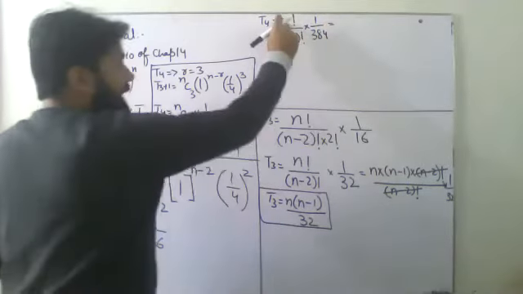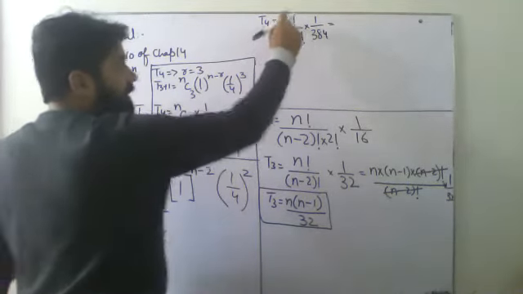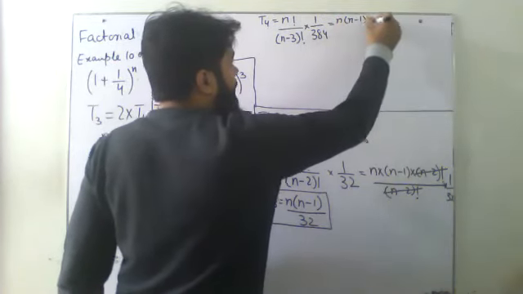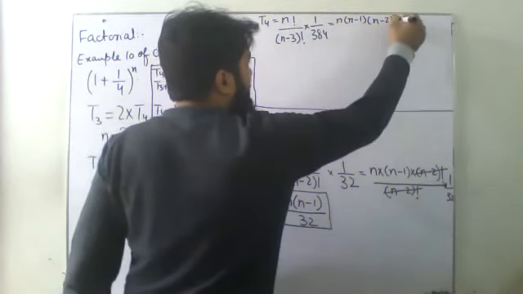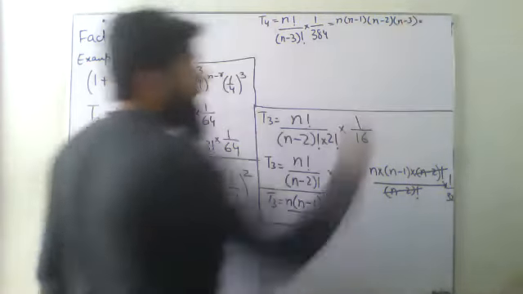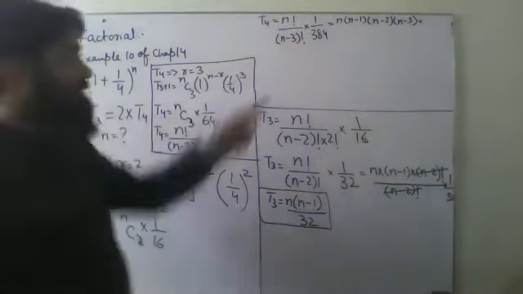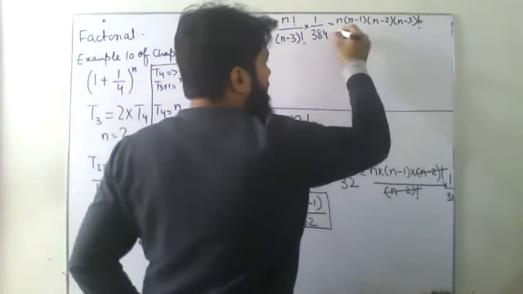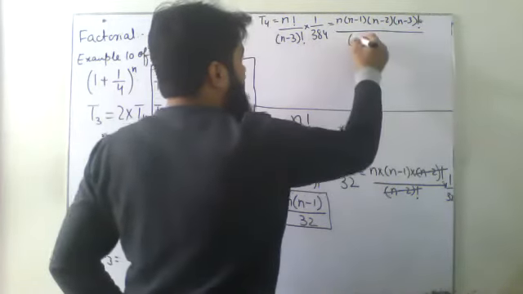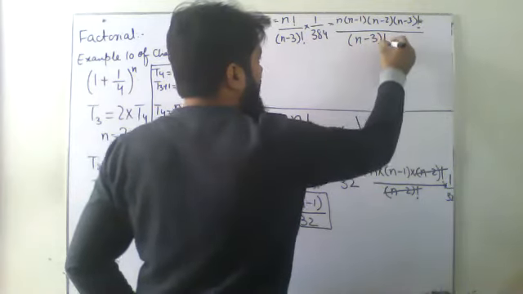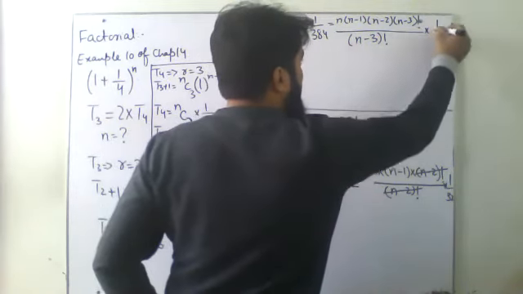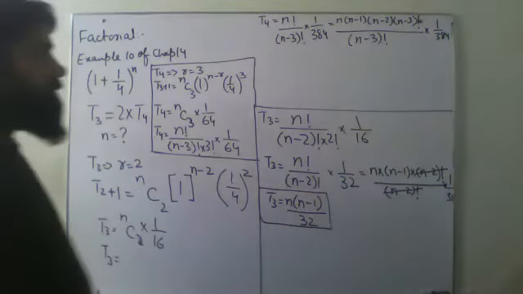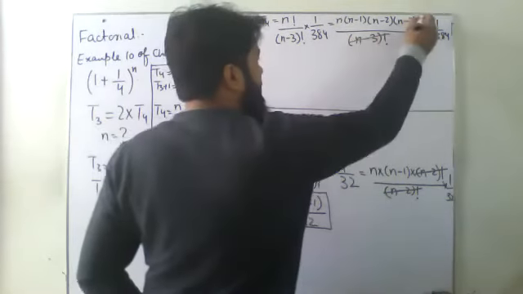Keeping it like that, again simplifying, this will be expanded: n, n minus 1, n minus 2, n minus 3. As soon as I see n minus 3 is there, stop there, factorial. n minus 3 factorial multiplied by 1 over 384. Right? This will be cancelled.